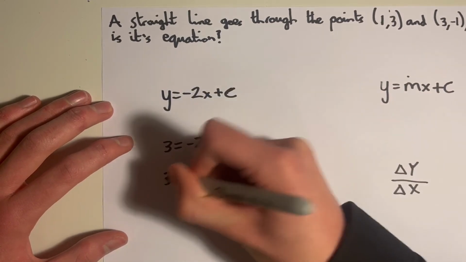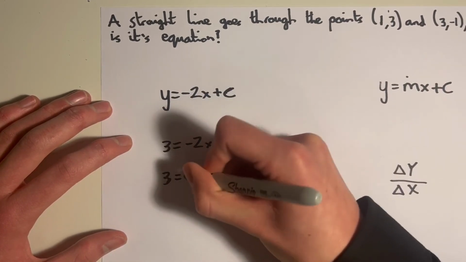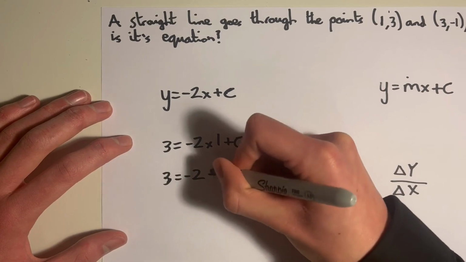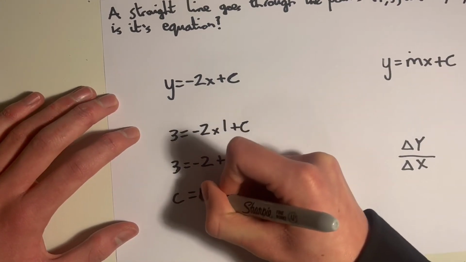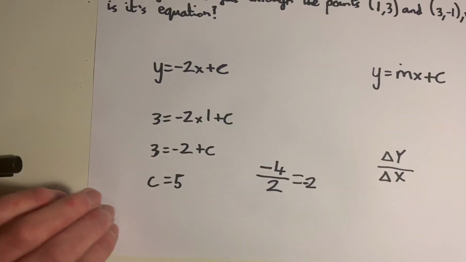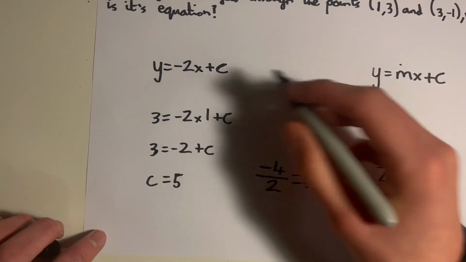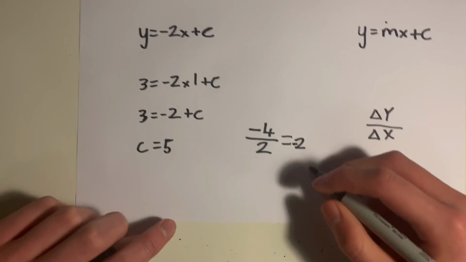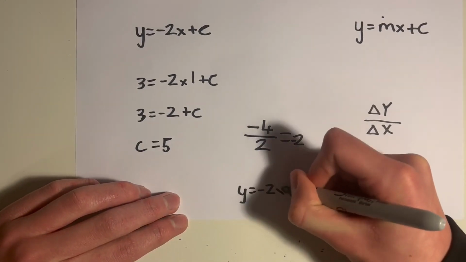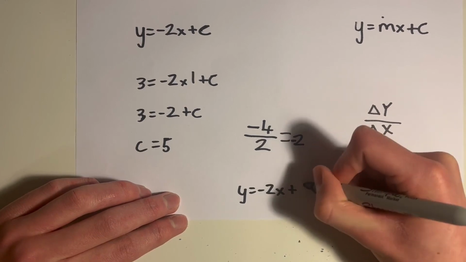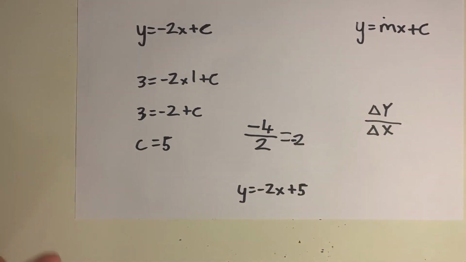So that'd be 3 equals minus 2 plus c. And then if we add 2 on both sides, we get c equals 5. So then we sub 5 back into this equation here to get the final answer of y equals minus 2x plus 5. So yeah, if you got that right, you've done it.